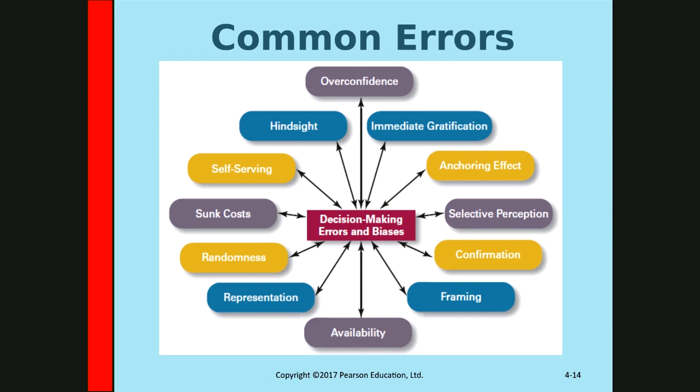Now, sunk cost error is a more interesting error. It always happens when the decision maker keeps wanting to use the current decision to correct a past mistake.